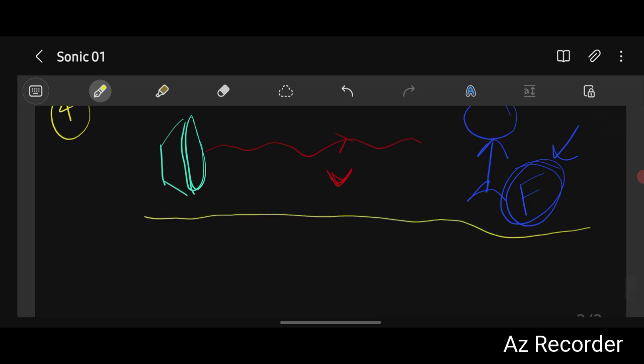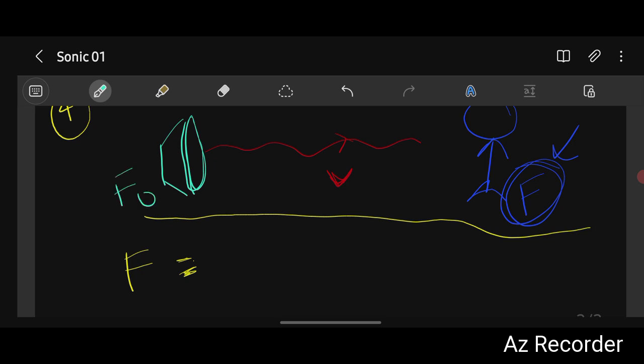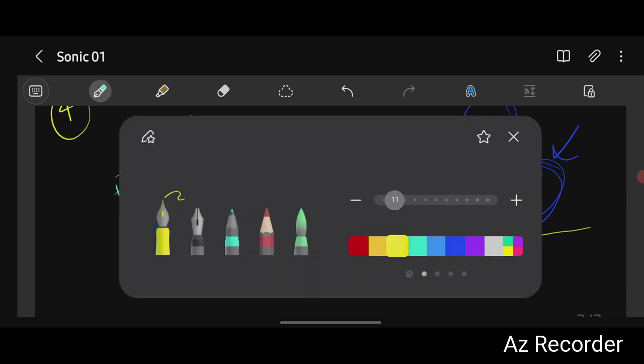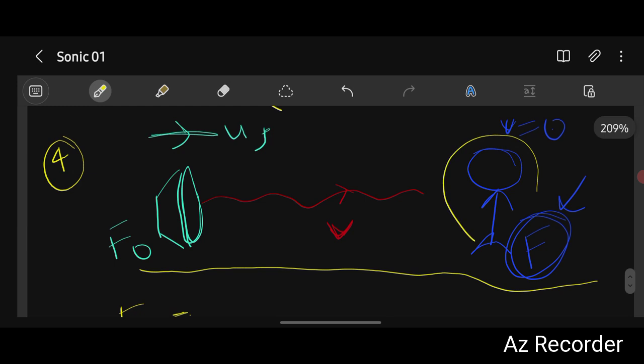You already know the apparent frequency f equals, if we say the real frequency is f naught, the velocity of the observer relative to the air.